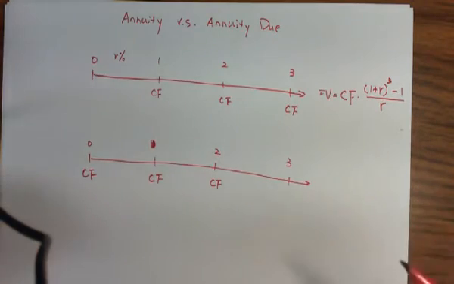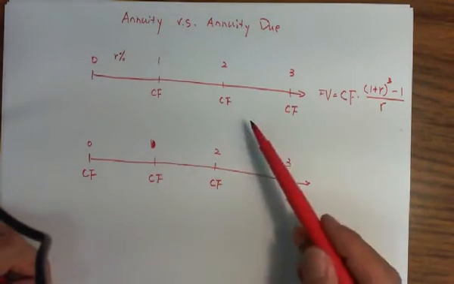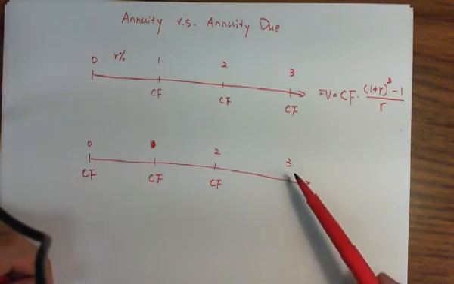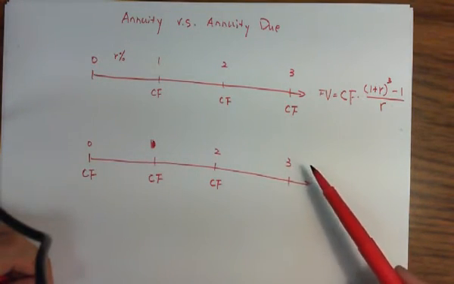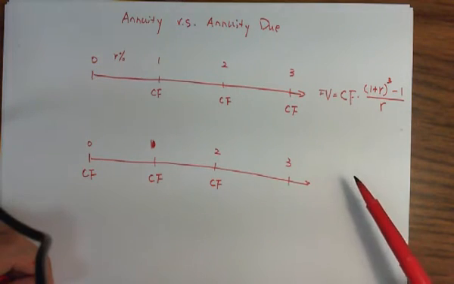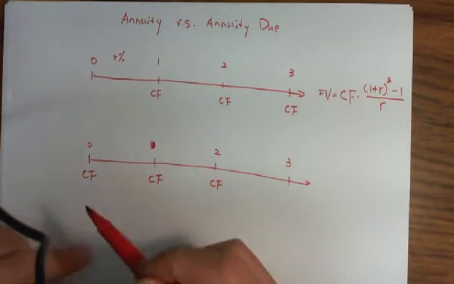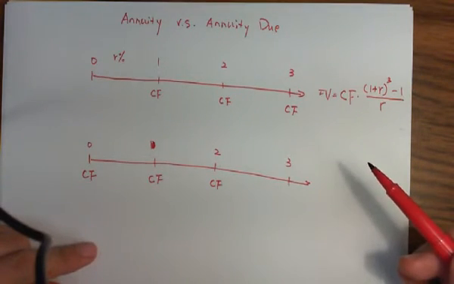Now, what I want to talk about is the difference between the two. We know the difference is the timing, but how does the difference cause the future value to be different? Remember the time value of money.